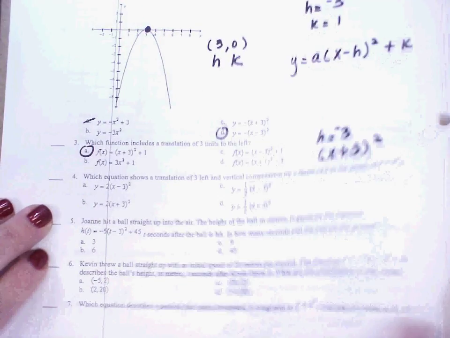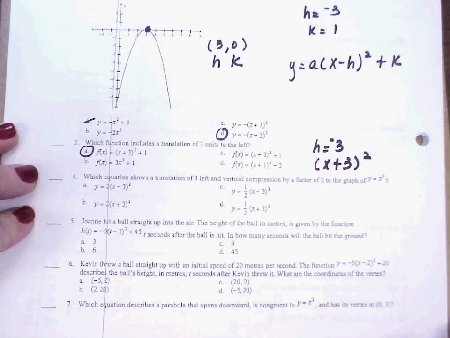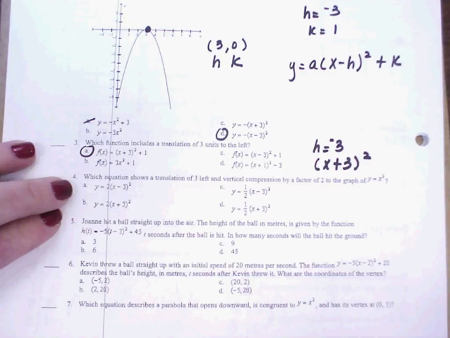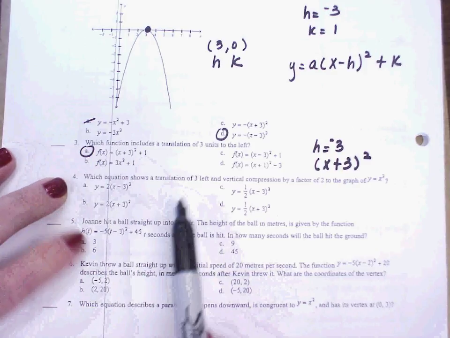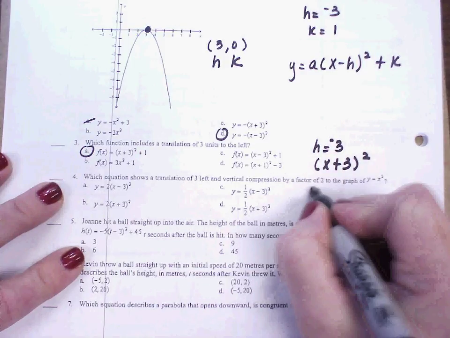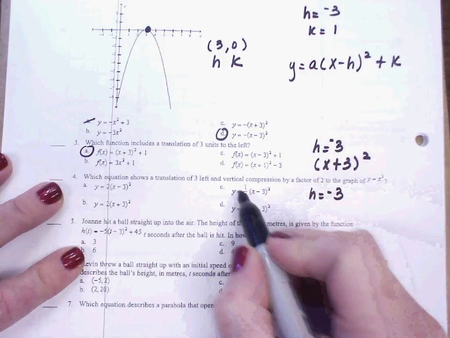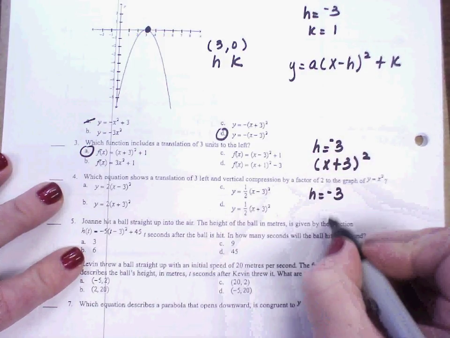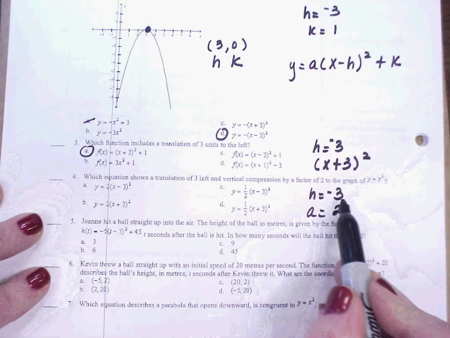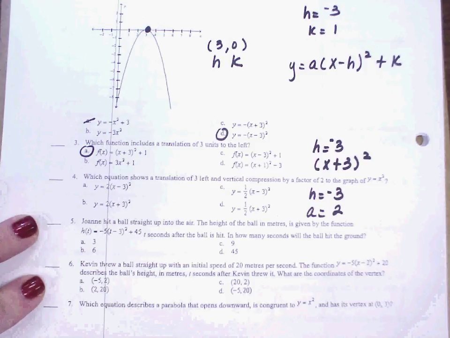All right. Which equation shows the translation 3 to the left, h equals -3, and a vertical compression by a factor of 2? But remember, that h, when it goes into the equation, is not -3, it's +3. So you can eliminate C and A. And what's my vertical compression of 2?